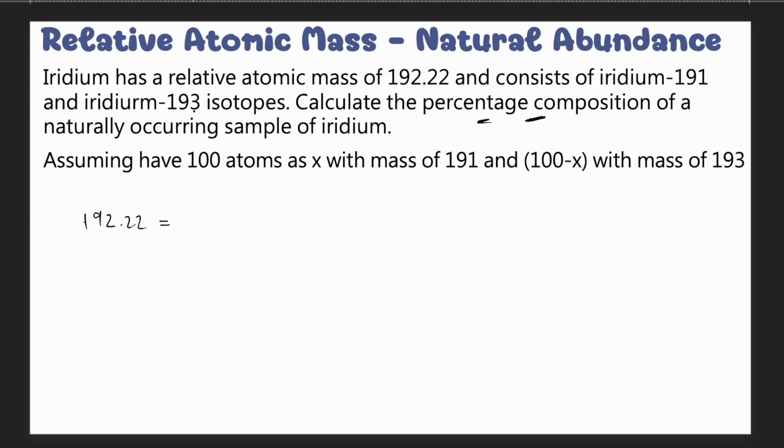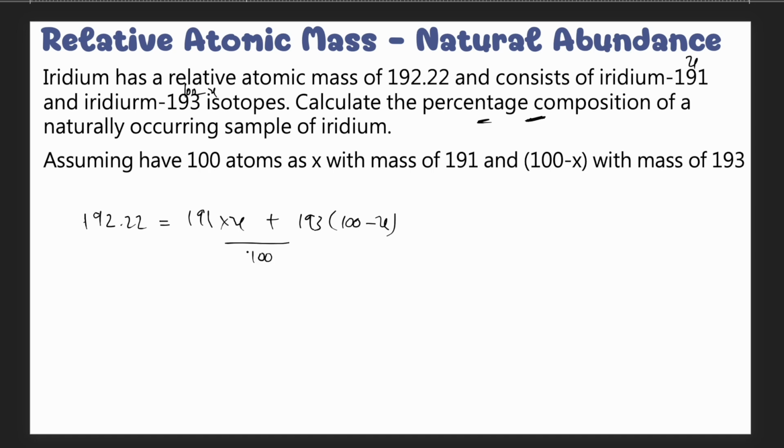Let's make it again for 100. We can just do it, for example, 191 is x, and 193 is 100 minus x. So 191 times x plus 193 times 100 minus x, divided by 100.